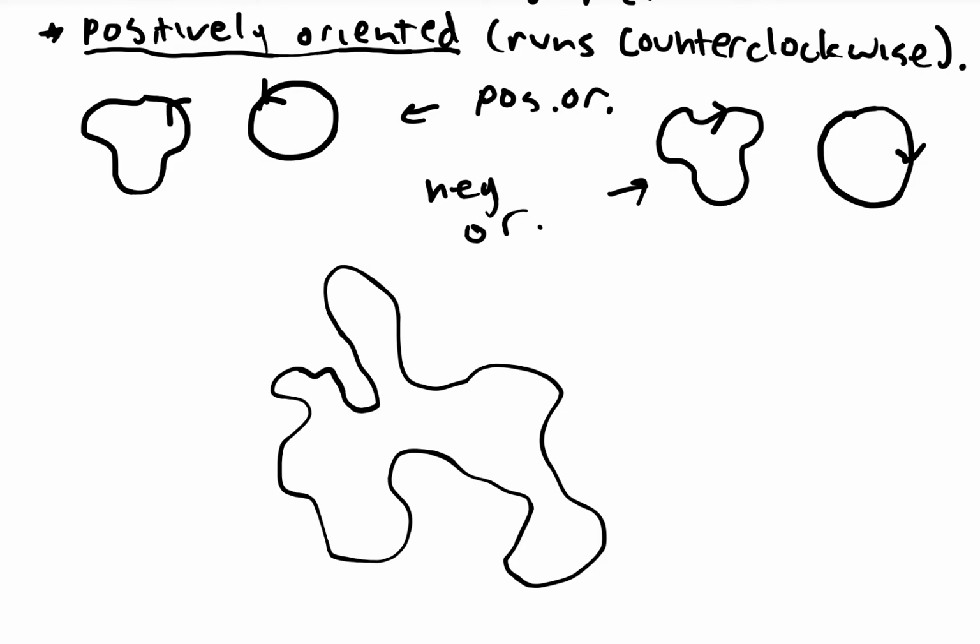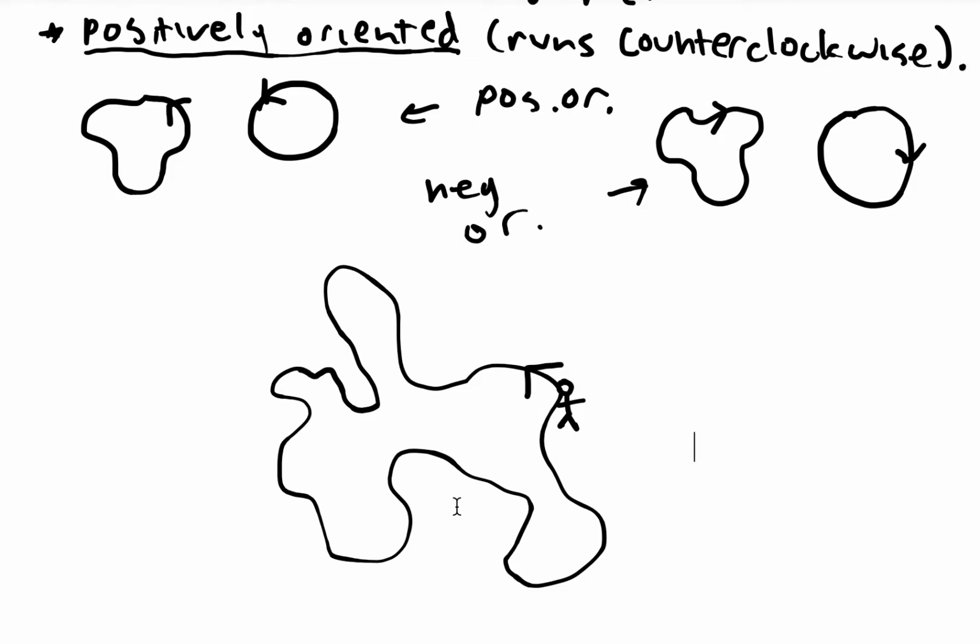What I'd like to suggest is the following trick. Think about a little person walking around the boundary of this curve, touching along the curve as they walk around it. Let's view this as a fence that you're walking around.